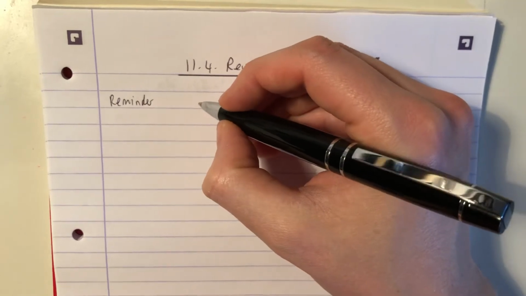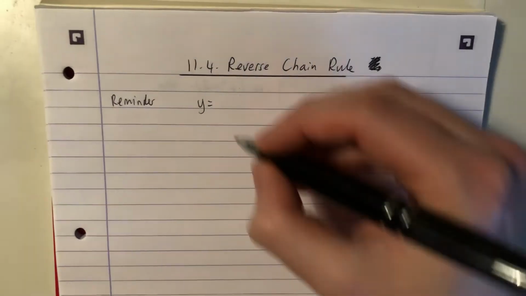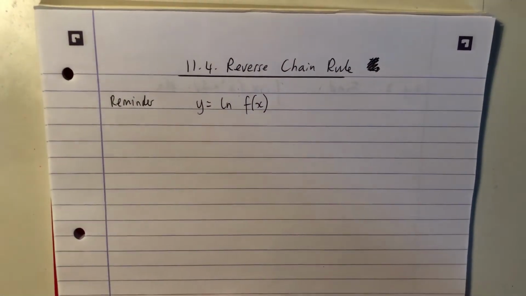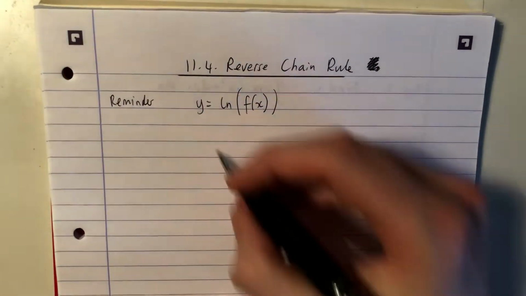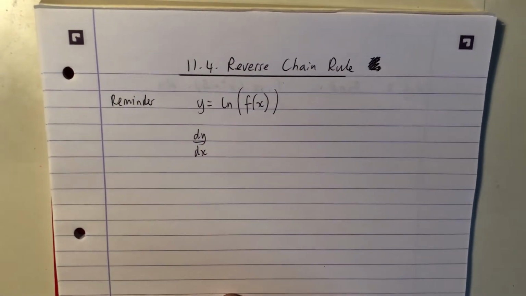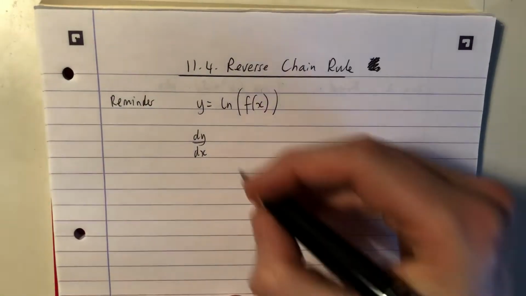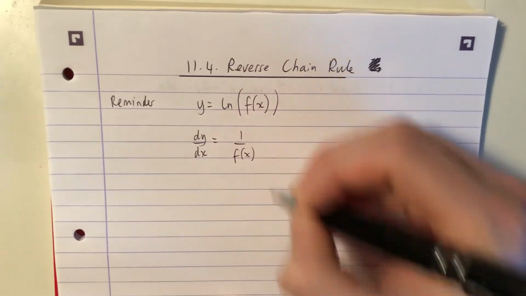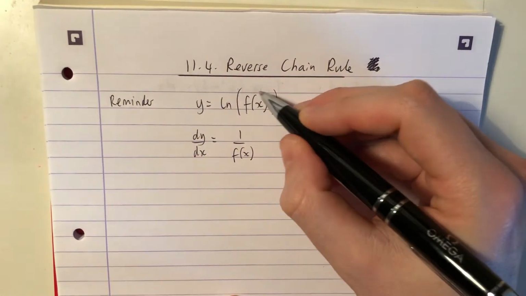If I asked you to differentiate ln f of x, for example, so ln of some function, to find dy by dx, what would you do? Well, you should know that ln goes to 1 over, but the chain rule also says you have to times by that function differentiated.